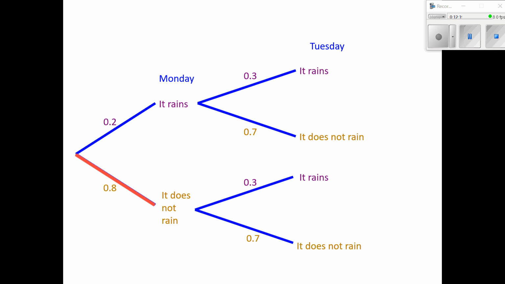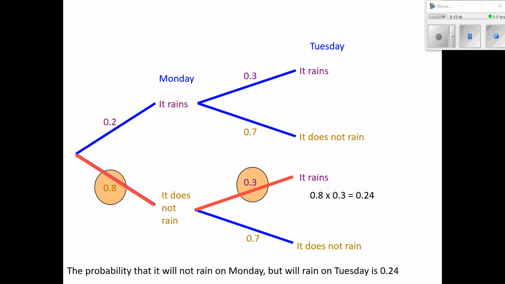Okay, we're going down that branch there. So it doesn't rain on Monday, 0.8. So we've got 2 choices here. What happens if it rains on Tuesday? You get 0.8 times 0.3, multiply them together, and that gives you the overall probability for it not raining on Monday, but it rains on Tuesday.